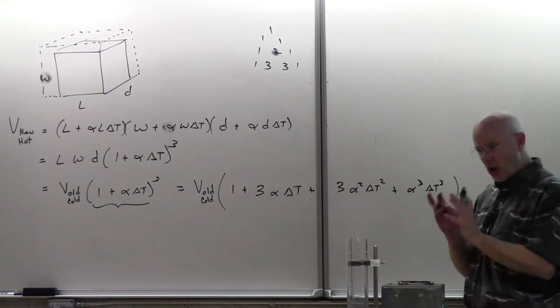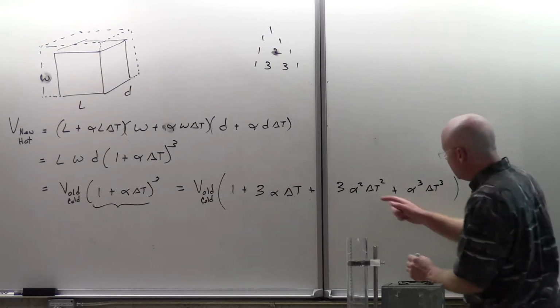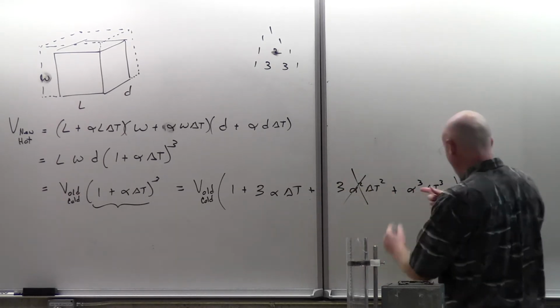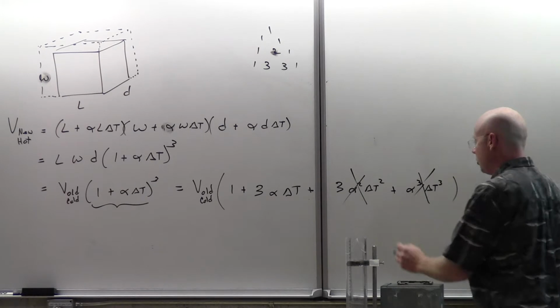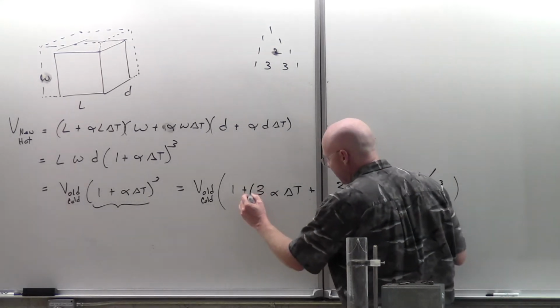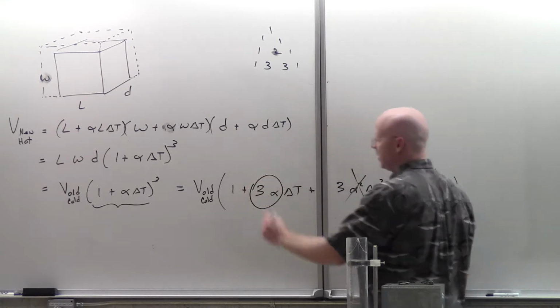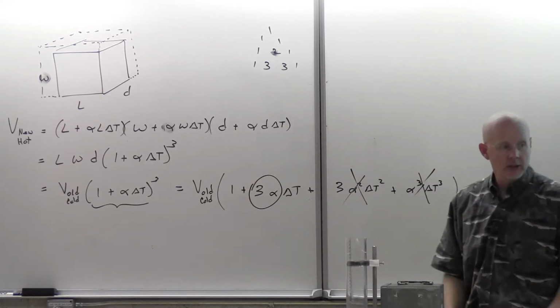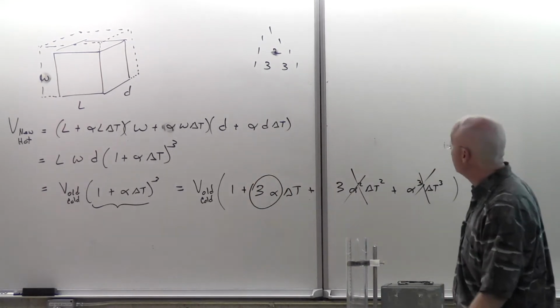Again, going through that same logic of any time we take alpha and we square it, or in this case cube it, let's just ignore those for a moment. Then this is how much it is expanding in its volume.